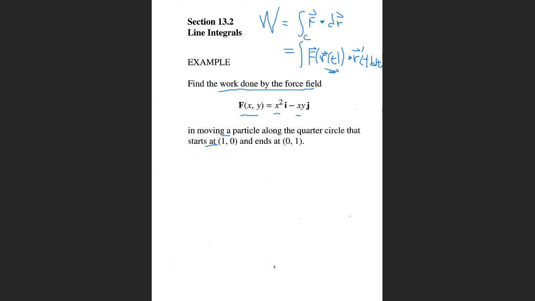Now, why is that true? If you do dr dt, by definition, that just equals r prime of t.